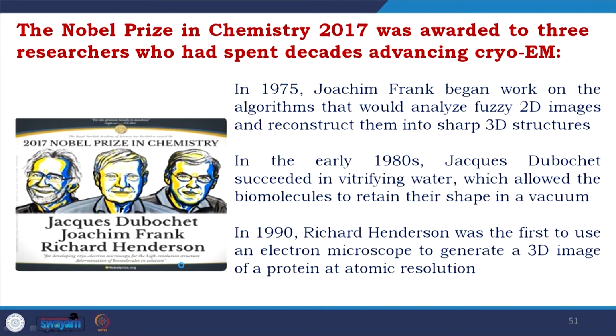In 1990, Richard Henderson was the first to use an electron microscope to generate a 3D image of a protein at atomic resolution. So, that is about cryo-electron microscopy and its advancement, and I have done comparisons at each level with the other 2 techniques.